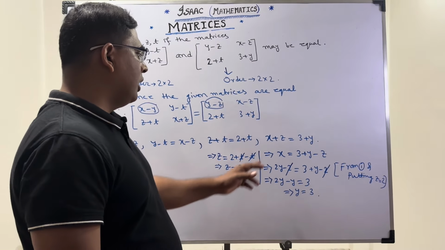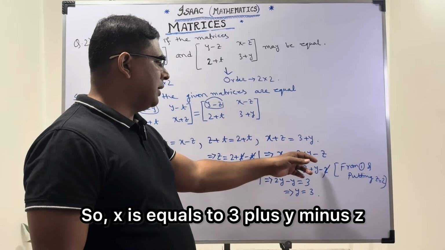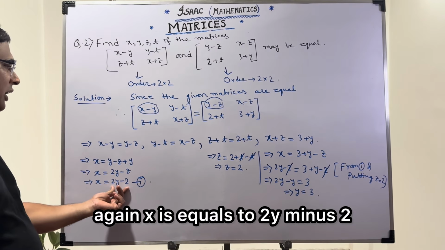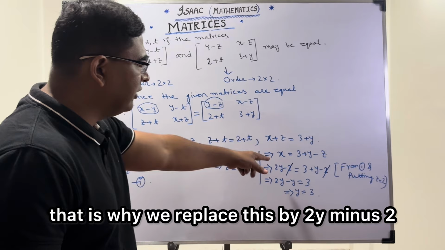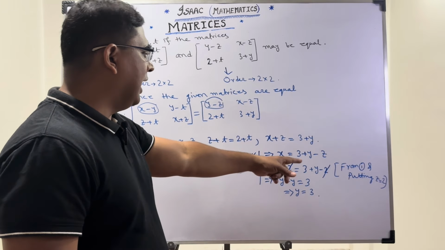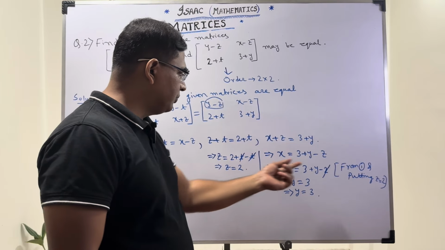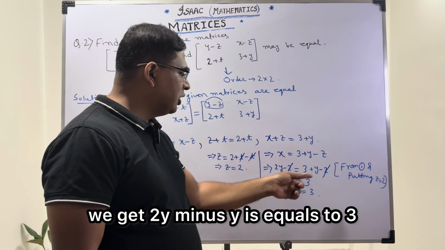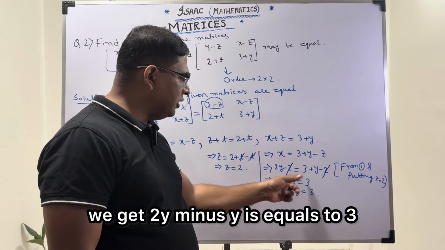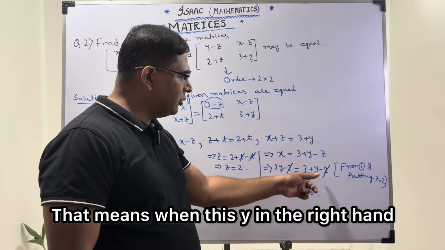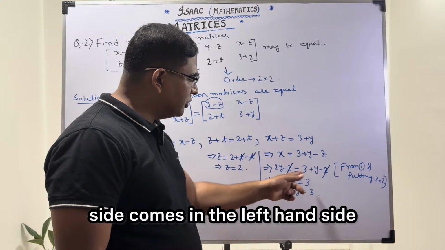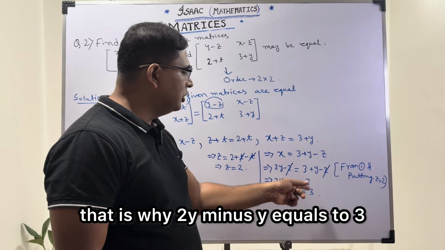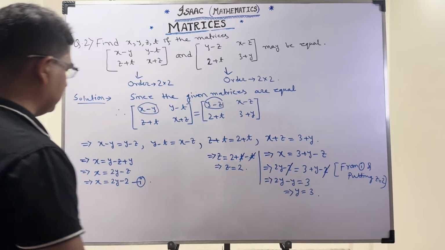Okay. So x is equal to 3 plus y minus z. Again x is equal to 2y minus 2. That is why we replace this by 2y minus 2 and then z equals 2. So cancelling this minus 2 from both sides, we get 2y minus y is equal to 3. That means when this y on the right hand side comes to the left hand side, it will be minus y. That is why 2y minus y equals 3. So this will give y equals 3.